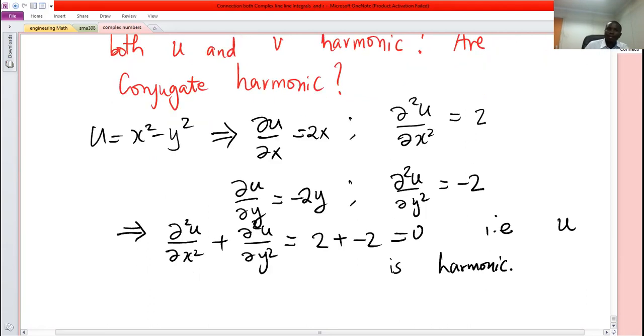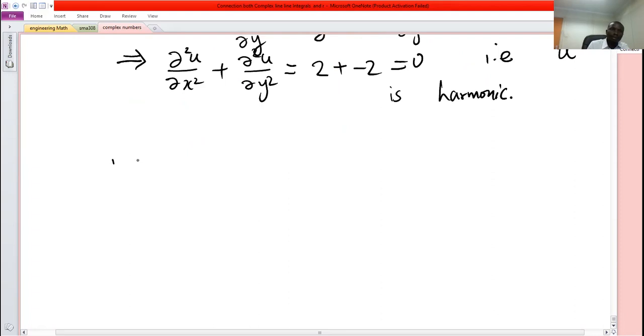Next, v is given by y over x squared plus y squared.